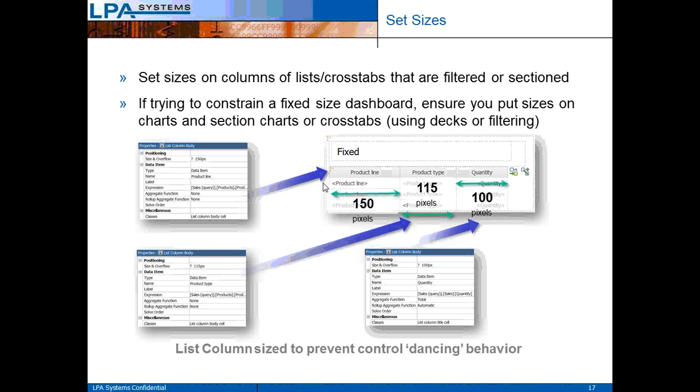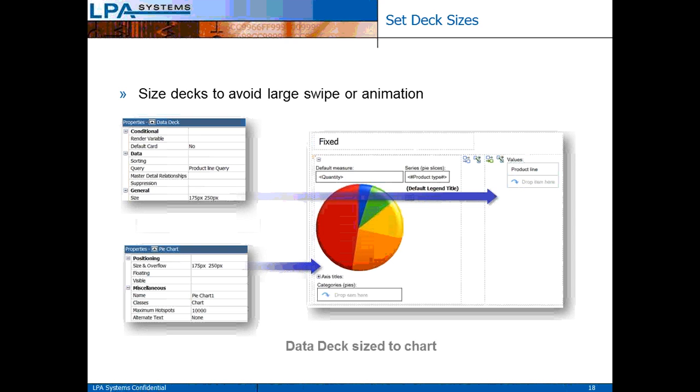So setting sizes on columns, lists, and crosstabs that are being filtered, or if you're trying to use a managed dashboard, even to have the dashboard look and feel, make sure that the charts are sized specifically so that when decks are switched, the dancing behavior is minimized.